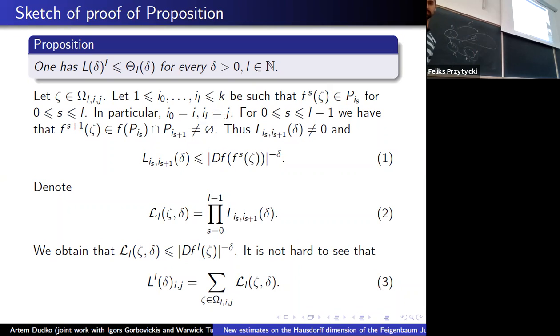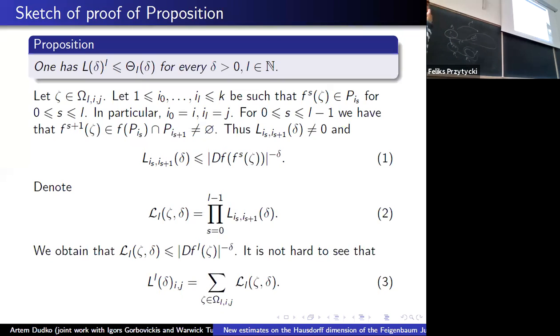And also notice that these entries, capital L of zeta delta, are exactly what appear when we take the L-th power of the matrix L. And so summing the inequality which we obtained over all zeta from omega, we obtain exactly what we wanted: that the corresponding entry of the matrix L of delta raised to the power L is less or equal than the corresponding entry of a matrix of partial Poincare series.